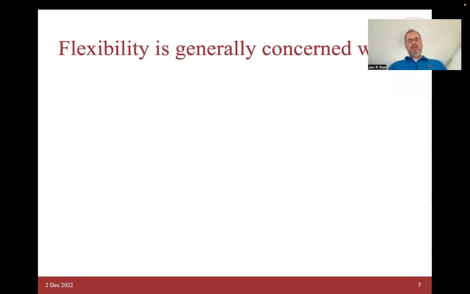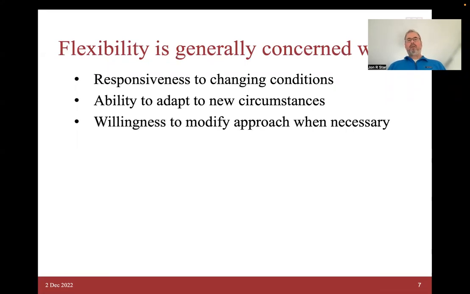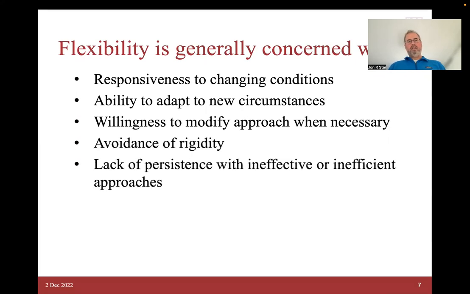When we think of the word flexibility just in the English language and not connected with any mathematical meaning, then flexibility might be related to responsiveness to changing conditions, the ability to adapt to new circumstances, a willingness to modify one's approach when necessary, an avoidance of rigidity, and a lack of persistence with ineffective or inefficient approaches.